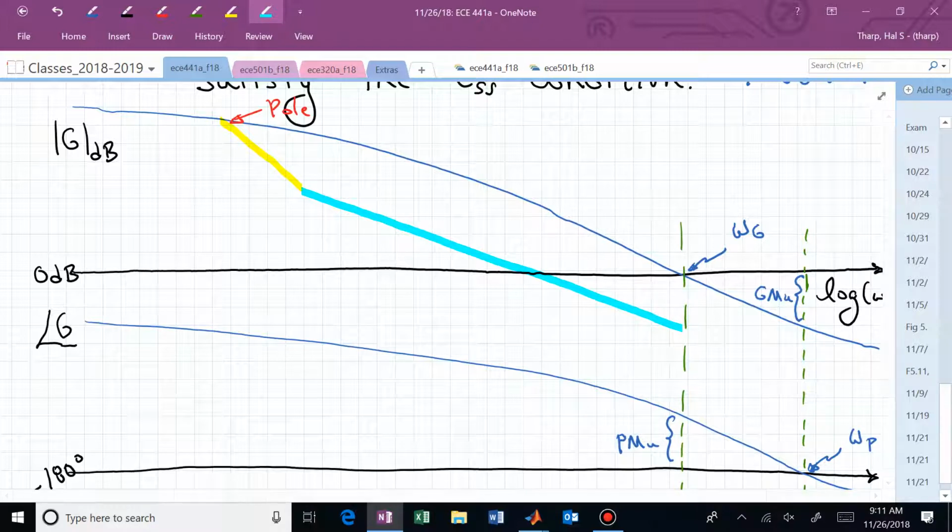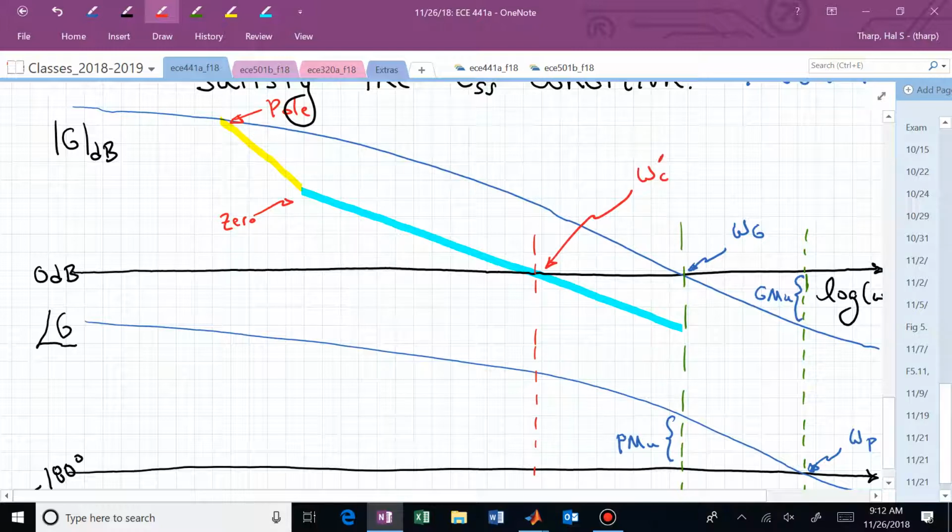This is where I've introduced a zero. And I've now modified my gain crossover. I will call this now, maybe just to be a little bit more of a challenge, omega sub c prime. And this is now my compensated phase margin.